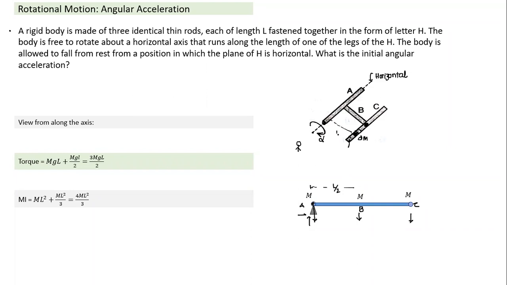The distance of dm is L, and all small pieces are at the same distance. So if I add up the moment of inertia, it will be the integral of dm into L square, and adding for all of this, it becomes ml square for rod C. So this is the moment of inertia. And once I have the moment of inertia, I can easily find the angular acceleration, since torque divided by moment of inertia is equal to angular acceleration.